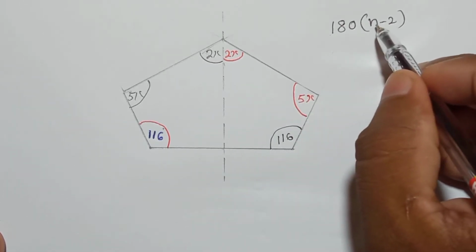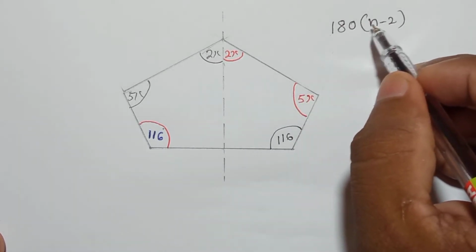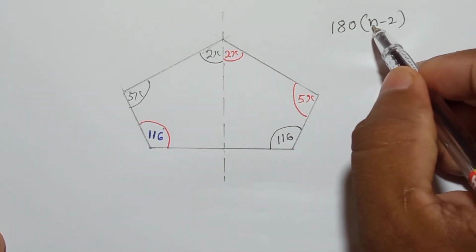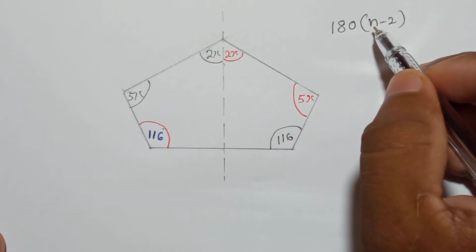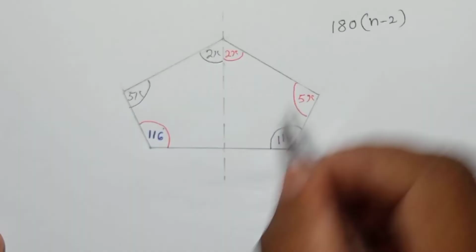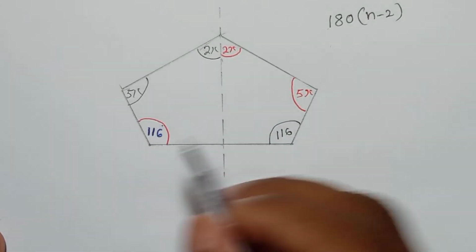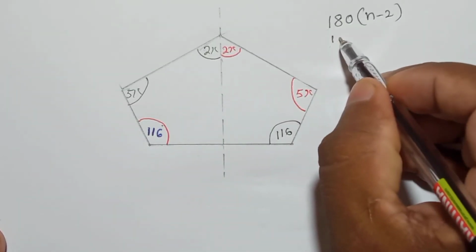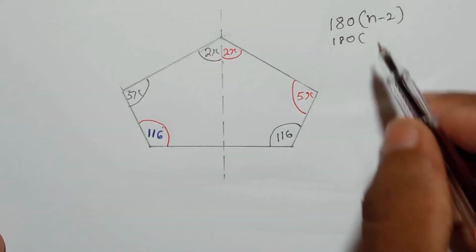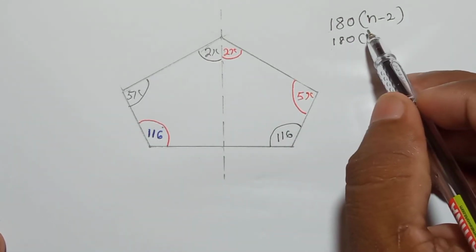Here n means the number of sides it has. Maybe it's a regular polygon or not, doesn't matter. You need to put the number of sides you have for n, then you can find the total of the interior angles. Actually you don't need to show this working, but if someone forgot, that's why I explain here.